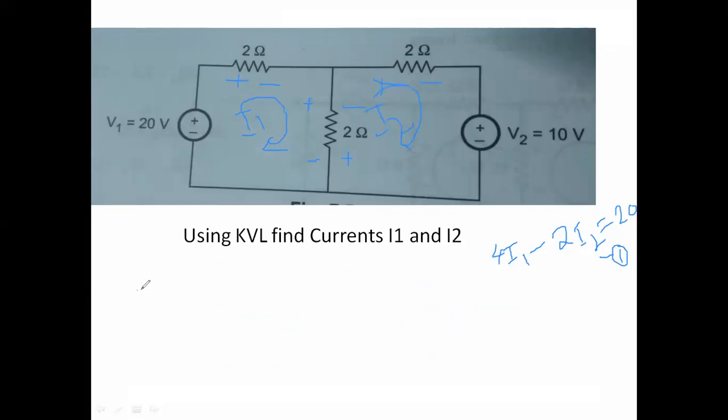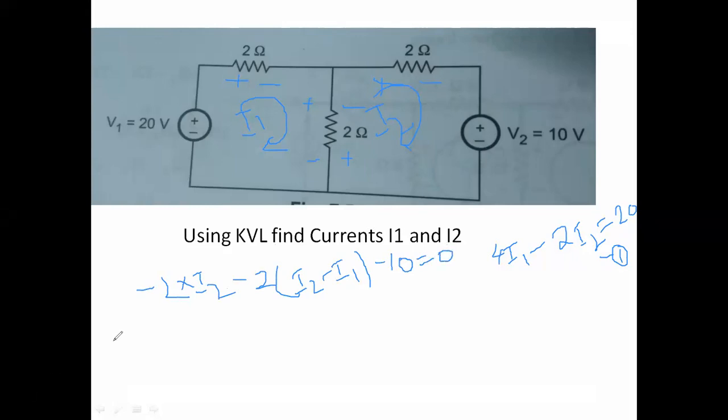Minus 2 into I2, this is the minus of 2 into I2 minus I1, minus 10. Because we are going in this direction, this is voltage drop. That's why this is minus 10, and that is equal to 0.